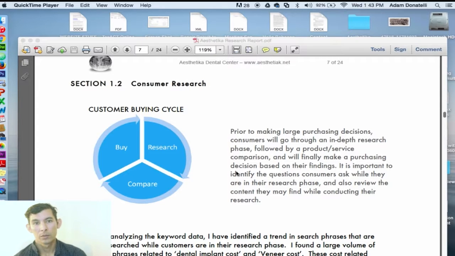Okay, maybe in this comparison phase, we're still doing a little bit of research, or we're comparing some product and service out there. And then we're slowly moving into the actual buying process, where we're deciding who we're going to actually buy this product or service from. Okay, so what we want to know through marketing research is what are the questions people are asking as they are in the research phase.